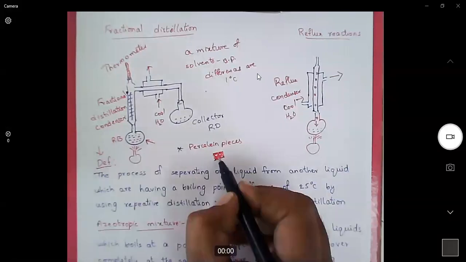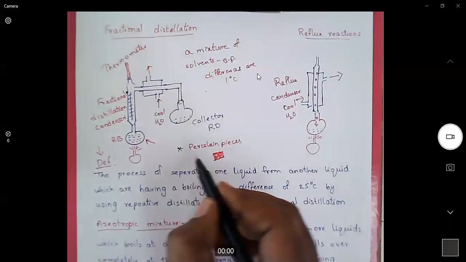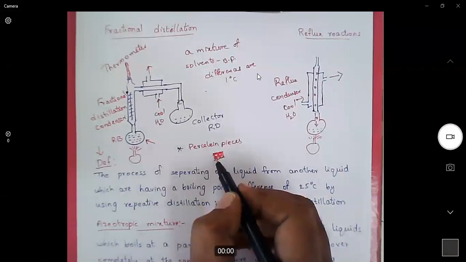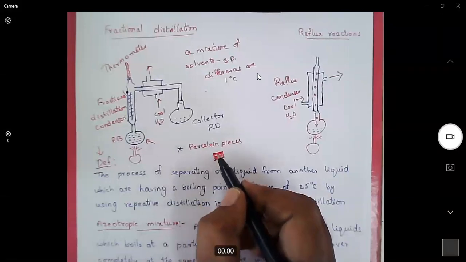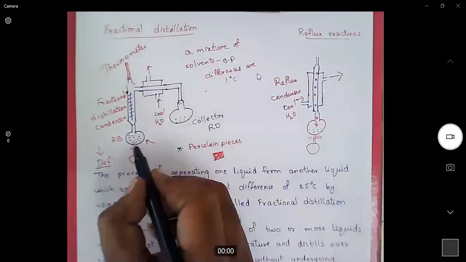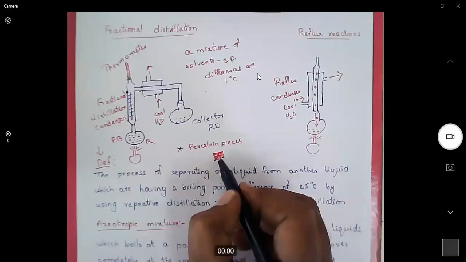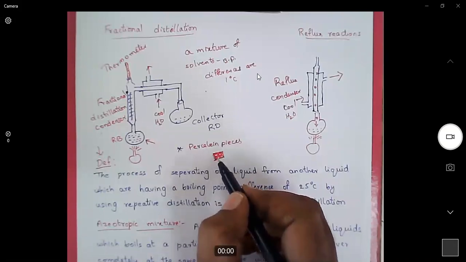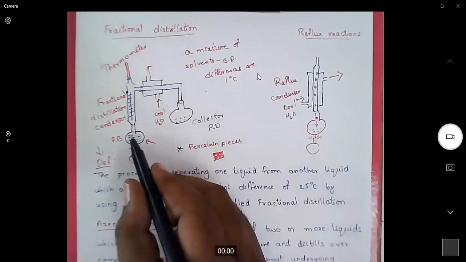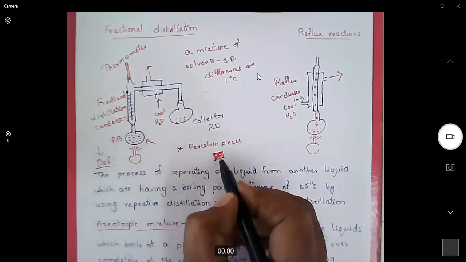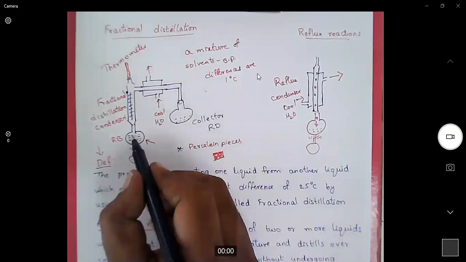Then what happens? These porcelain pieces will be at the bottom. These channels or cavities will absorb the vapor molecules which are generated at the bottom. When they absorb vapor molecules, and then when they are heated to very high temperatures, they will release these vapor bubbles. As a result, these vapor bubbles will escape to the surface fast.